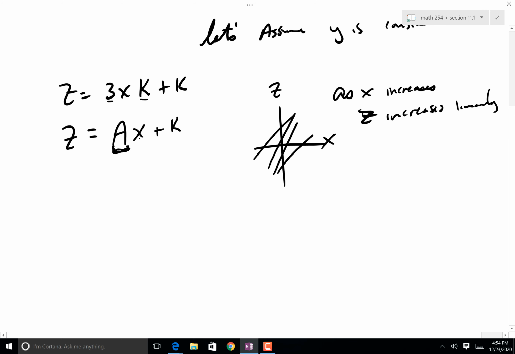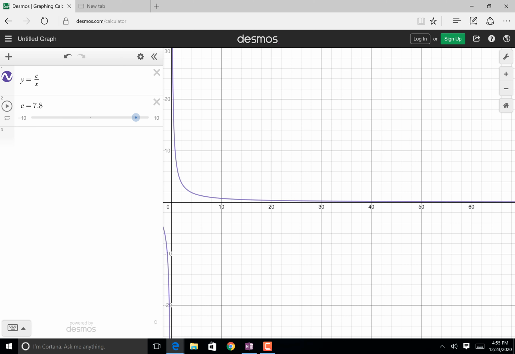Now, let's look at it the other way around. Let x be constant. So you get z is equal to 3 times a constant, let's call it a, times sine y plus y. Interesting. I wonder what the sine of y plus y looks like. We should go look.